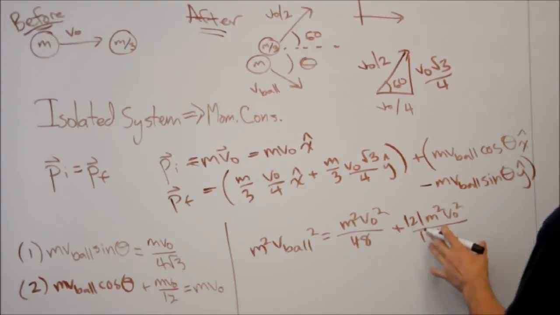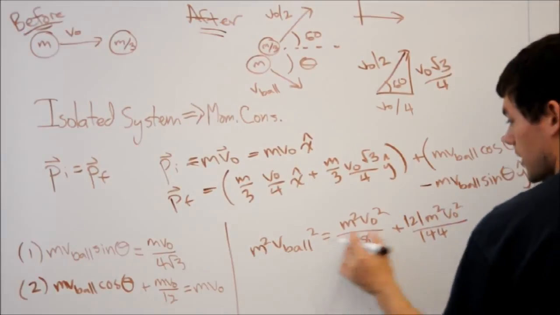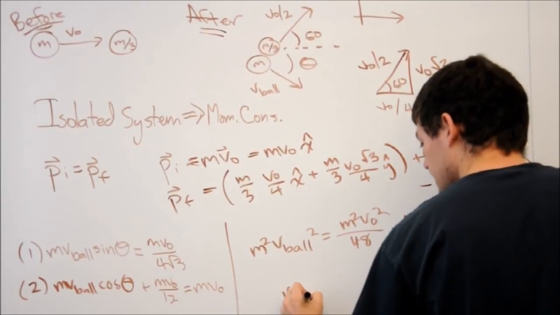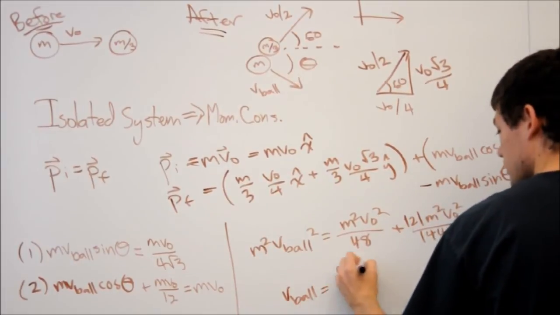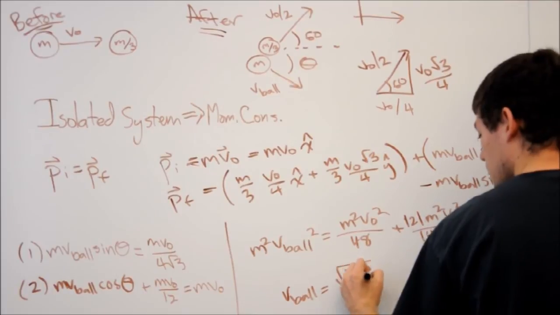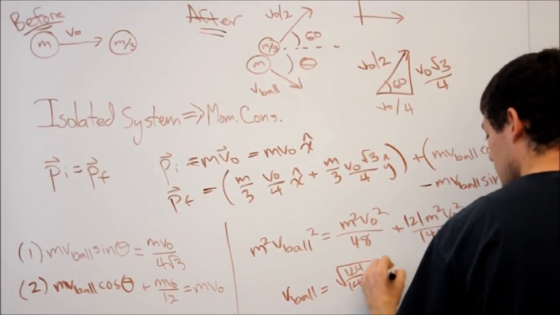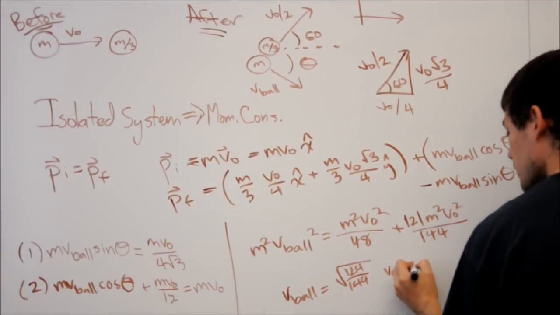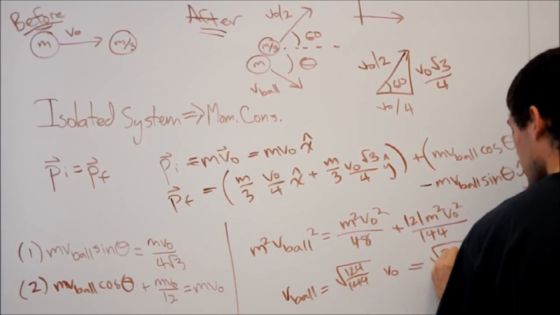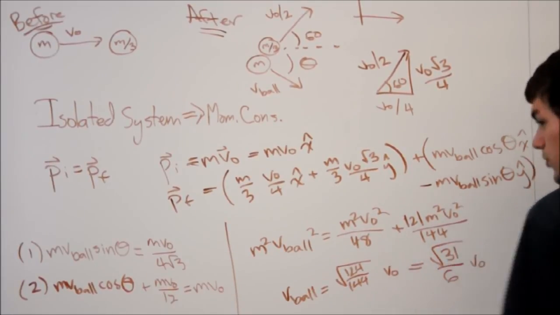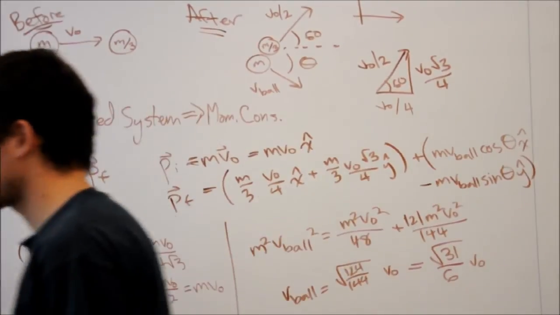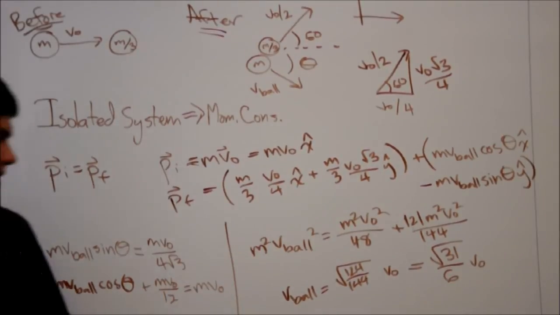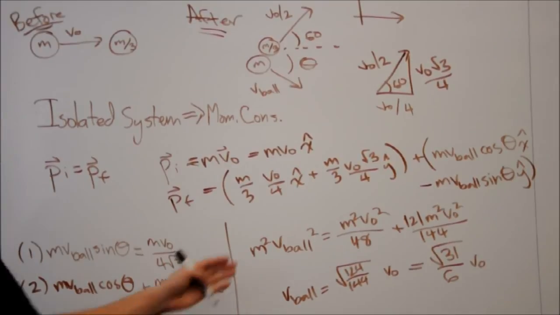And so adding these together and canceling out the m squared terms, we get that v ball equals the square root of 124 over 144 times v naught, which works out to be just the square root of 31 over 6 times v naught.